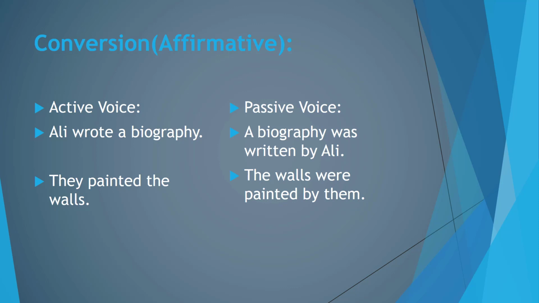They painted the walls, and the passive voice is the walls were painted by them. It was all about affirmative sentences. Remember this structure since it will help you a lot in converting other types of sentences as well.